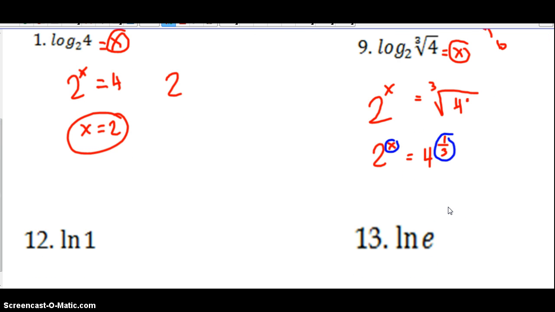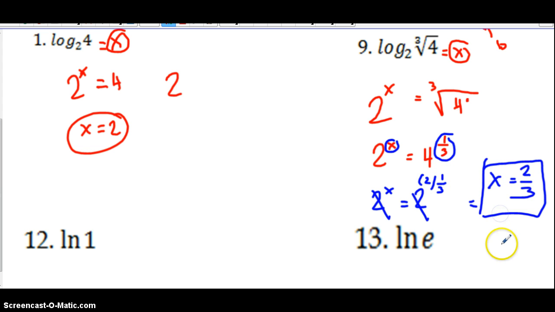Well, going back to the lesson we just learned about, to solve this, I have to get the same base. So 2 to the x is equal to 2 to the second, times 1/3. See, we got the same base. 2 to the second is the same thing as 4. Now I cancel these out, and I'll just get x is equal to 2 times 1/3, which is 2/3.